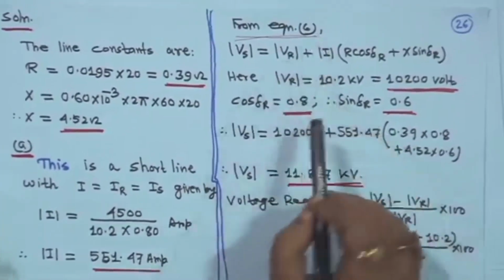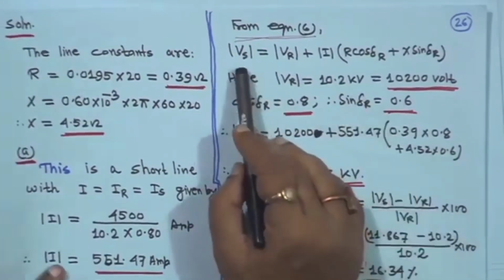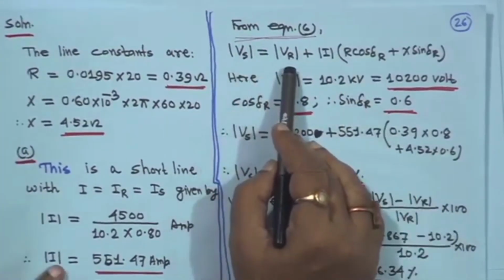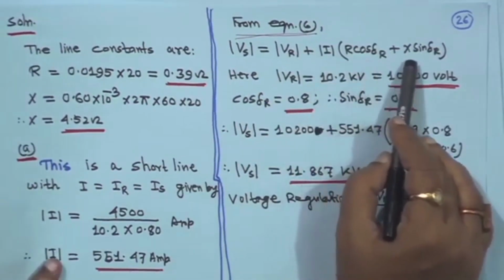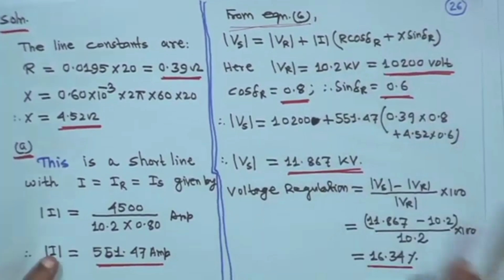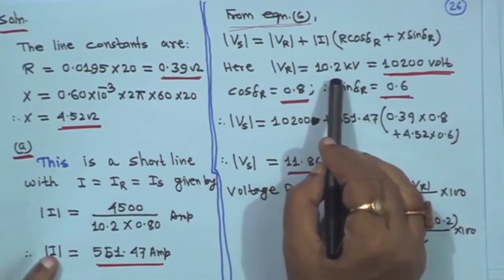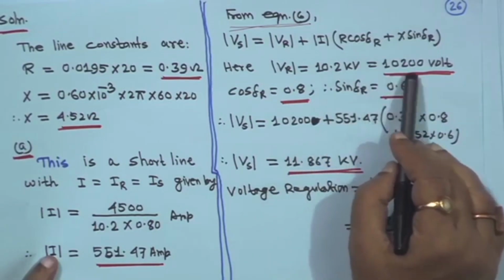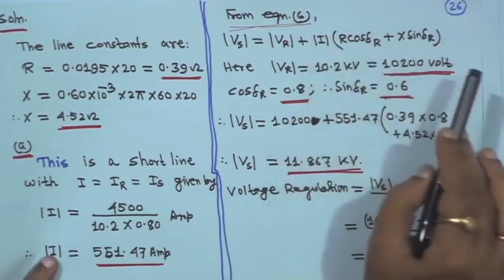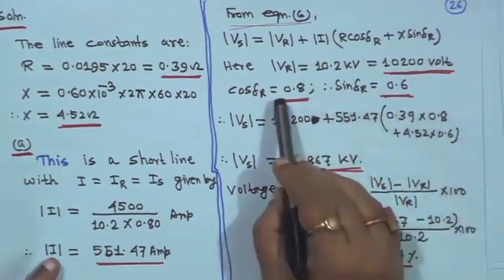Now, from equation 6 we have seen that the magnitude of V_s is equal to the magnitude of V_r plus the magnitude of I into (R cosine delta_r plus X sine delta_r). The receiving end voltage is kept fixed at 10.2 kV, so it is 10,200 volt, all units we are transferring into volt here, and the power factor is given.